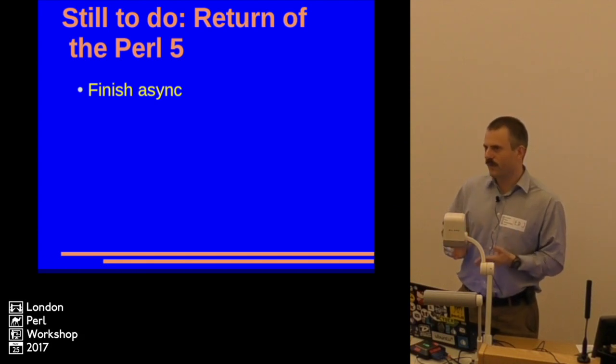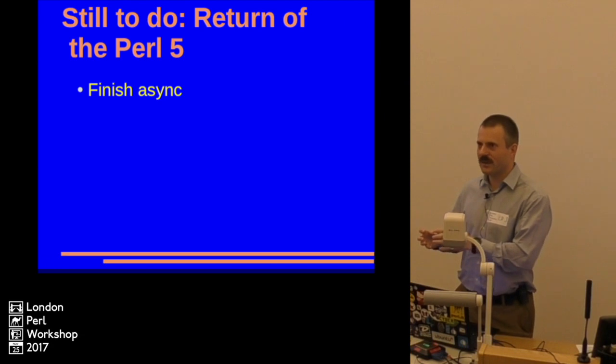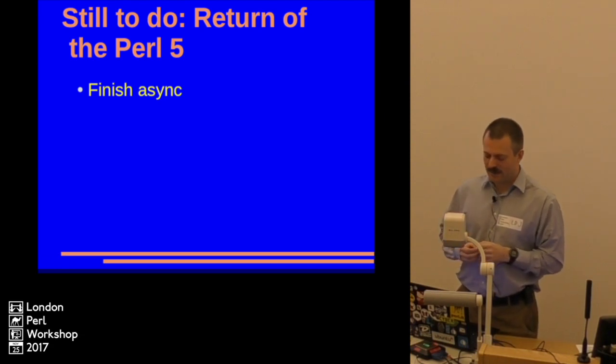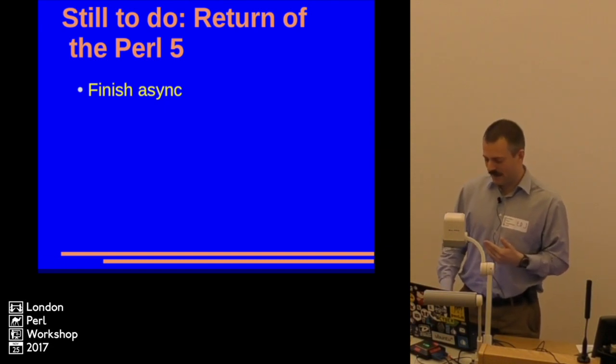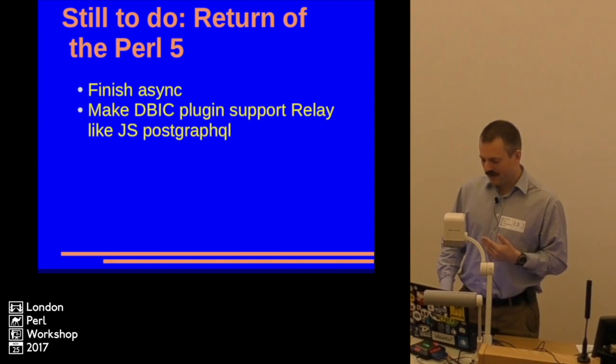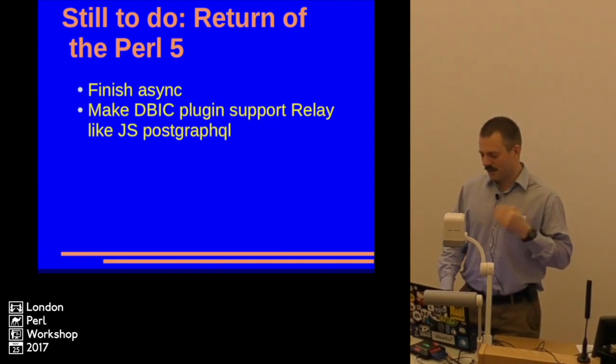So I'm going to have either 3 or 4 different code refs that you pass in as a little hash ref when you do execute, that will do the mapping for you, and then it'll be easy. And also you can use it in synchronous mode, which it currently is now. Another thing to do is to make the DBIC plugin support reload.